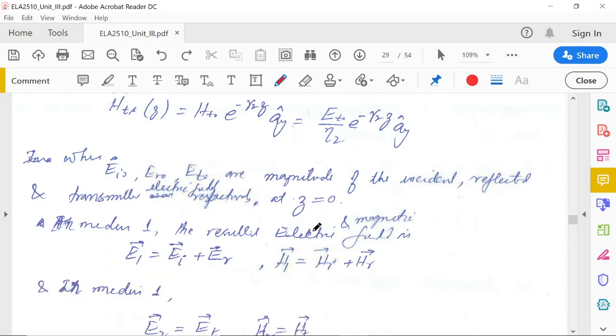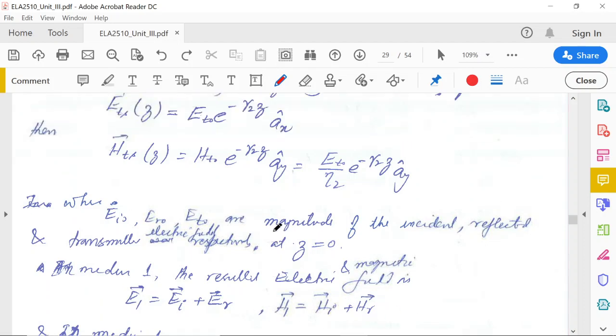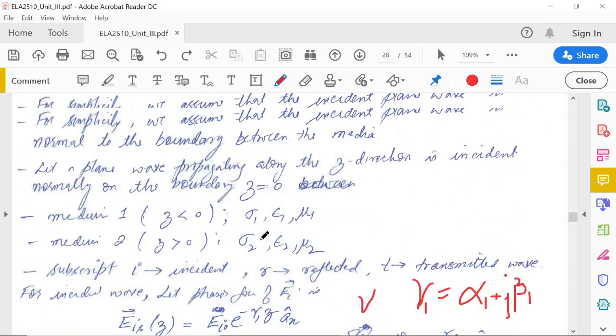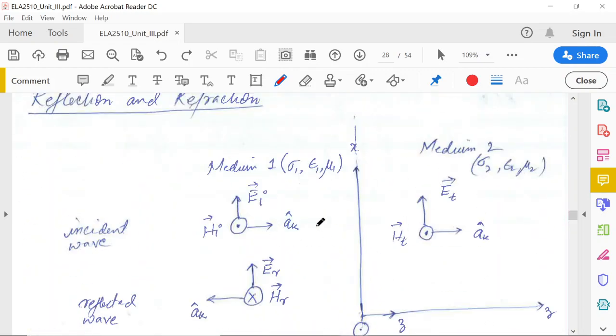Okay. Now we can apply the boundary conditions in this case. The tangential component of the electric field remains the same at this interface.